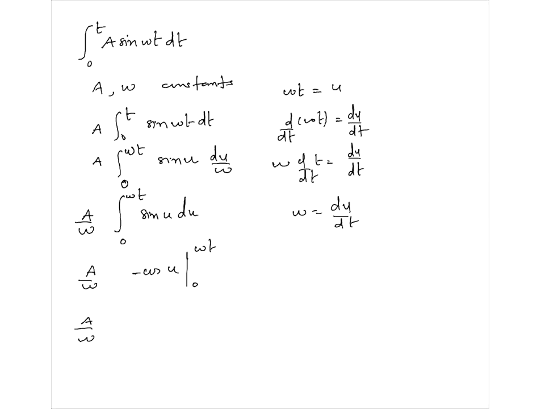In place of u, putting omega t. In place of u, putting 0. And between these two, putting minus sign, closing. So minus cos omega t, minus of minus 1. So 1 minus cos omega t whole multiplied by a by omega. If you have any question in any of the steps here, just let me know.